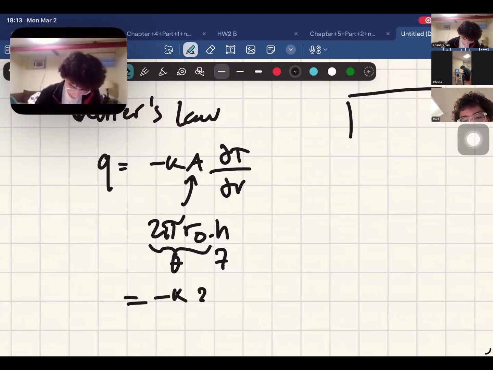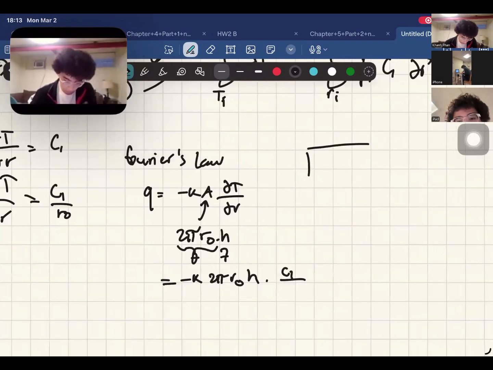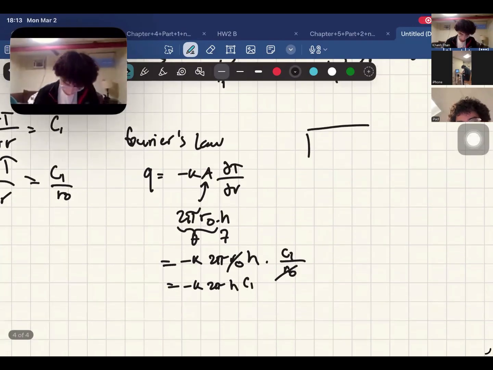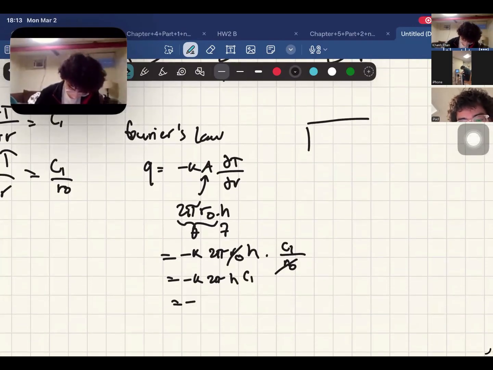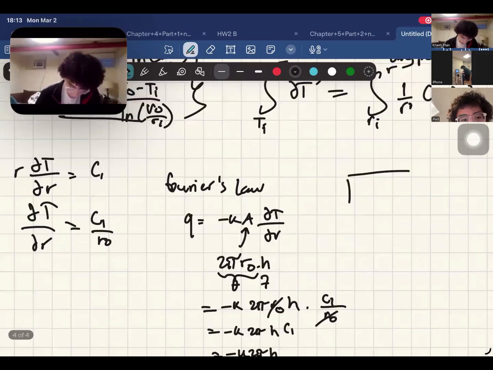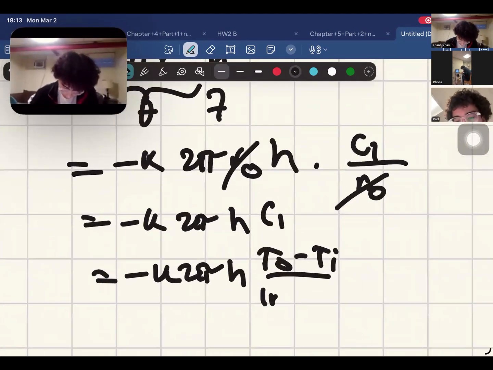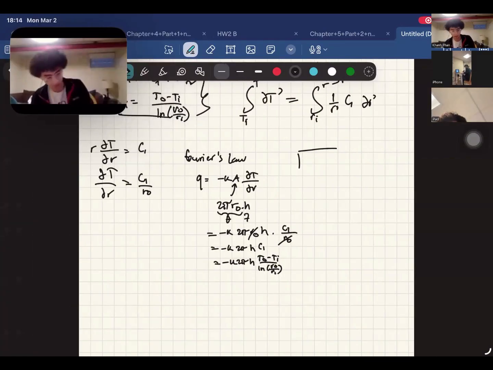Okay. So we would have negative k times 2 pi R outer H times C1 over R outer, so we would have Q equal to negative k 2 pi H C1. C1 over here is T outer minus T inner over natural log of R outer over R inner, outer radius over inner radius.